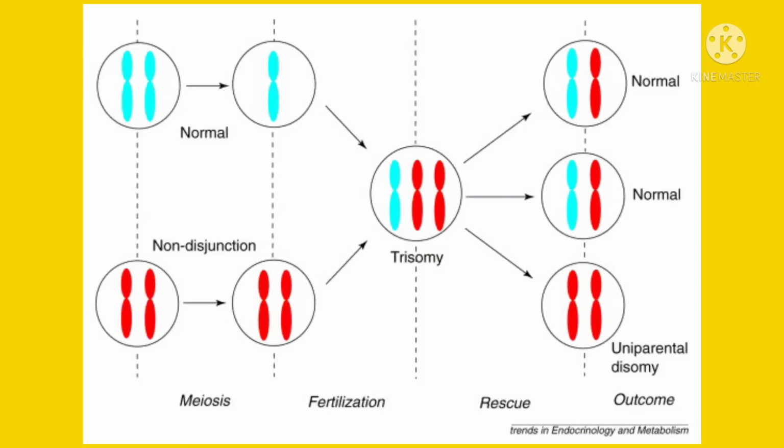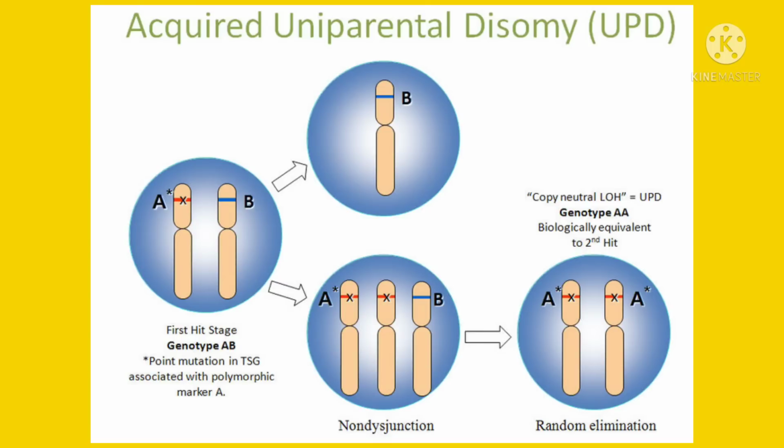UPD can occur as a random event during the formation of egg or sperm cells, or may happen in early fetal development. In many cases, UPD likely has no effect on health or development because most genes are not imprinted.